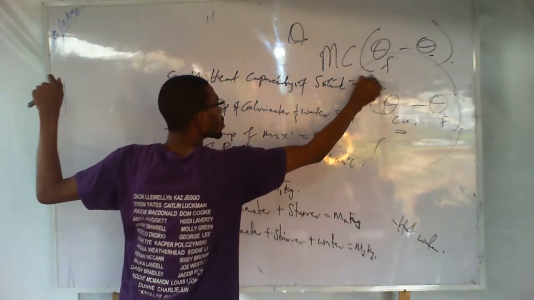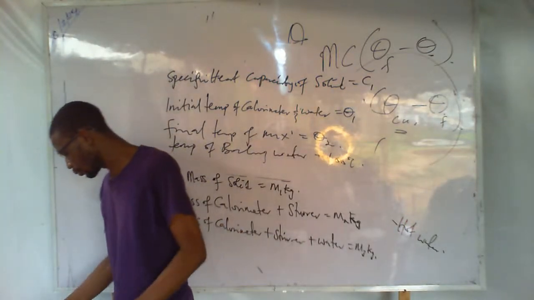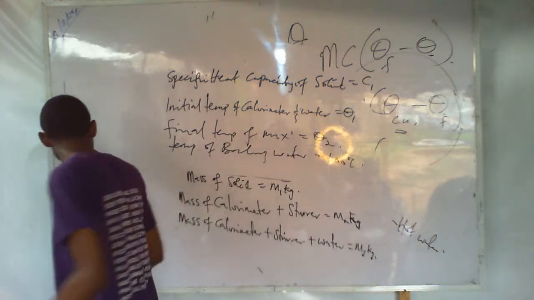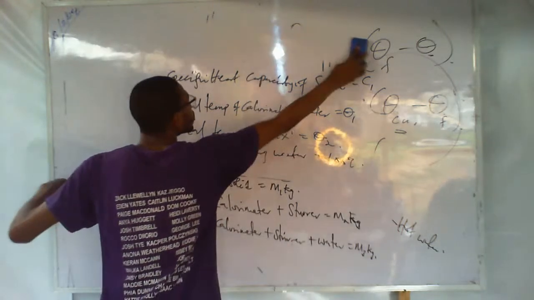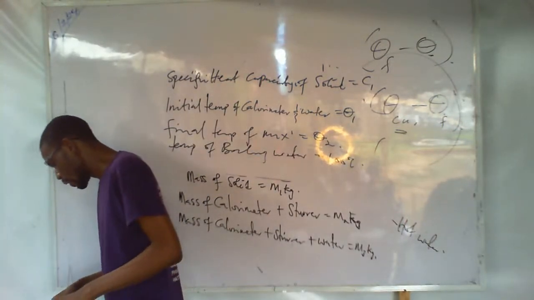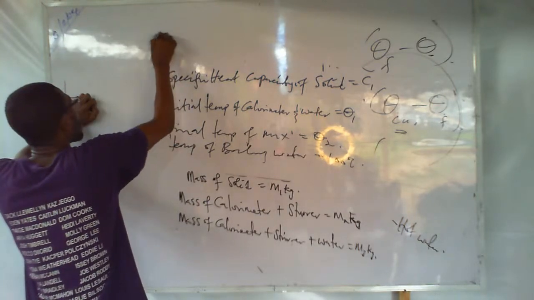Is equal to C1. Are we there? Then we are going to take, which other identity do we have again? Specific heat capacity of the water.